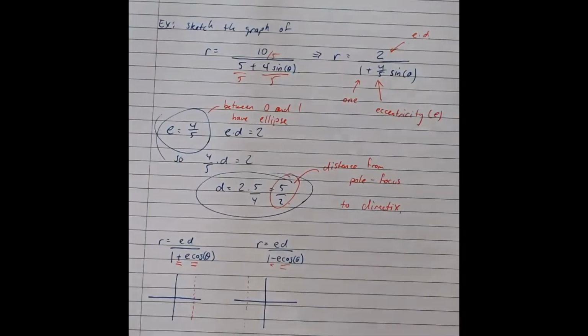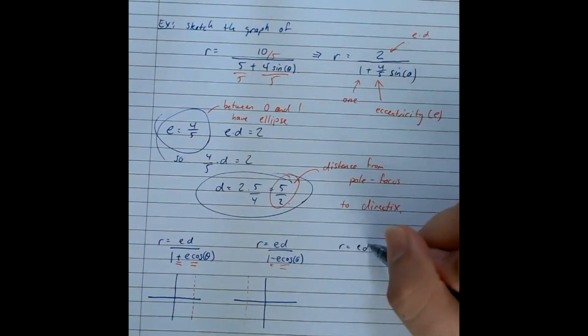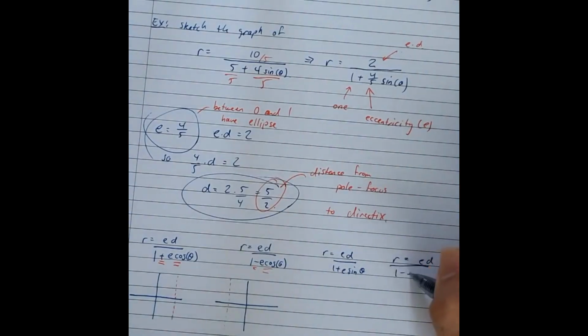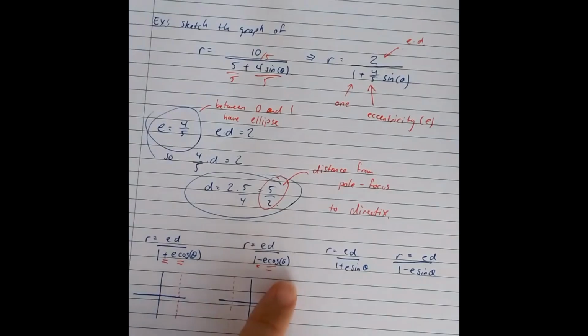And without much imagination, I think you see where the other ones are going to come from. If you have r equals ed over 1 plus e sine of theta, or r equals ed over 1 minus e sine of theta, here these will be horizontal directrix.